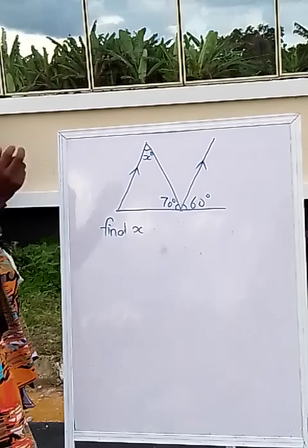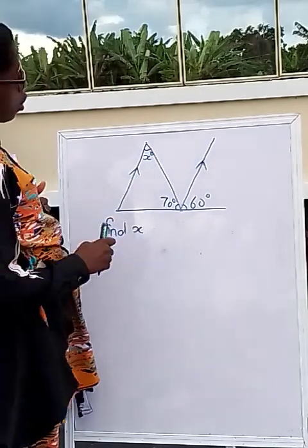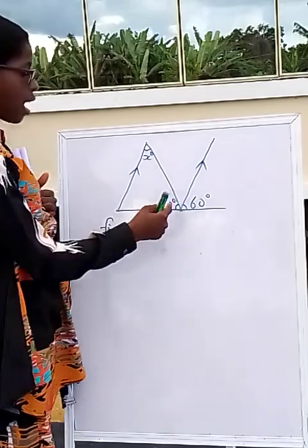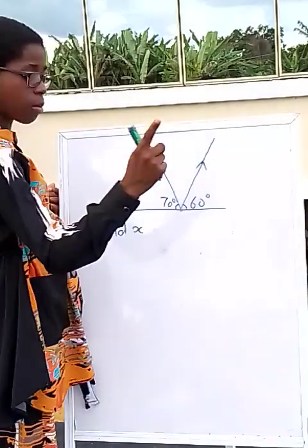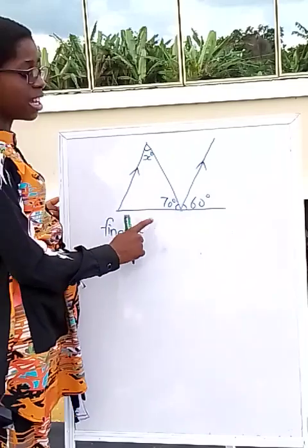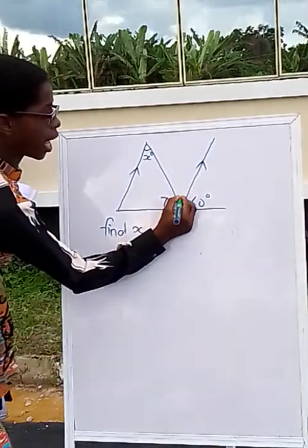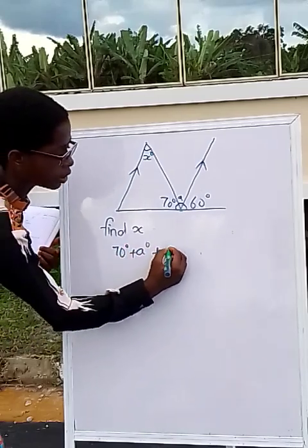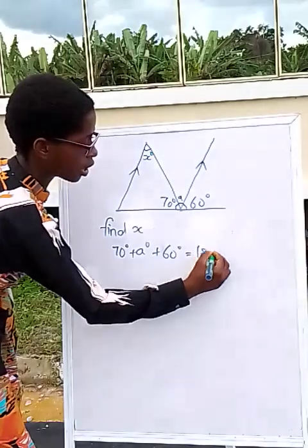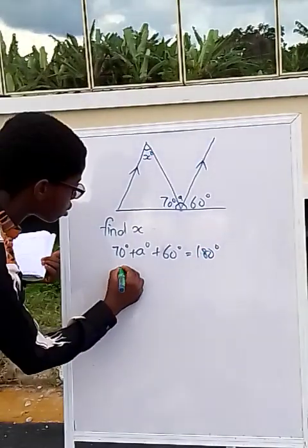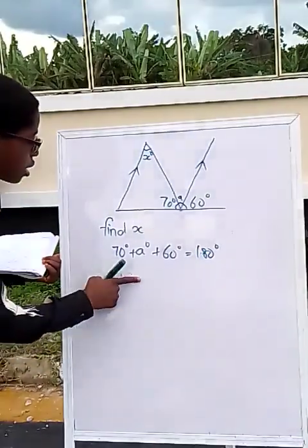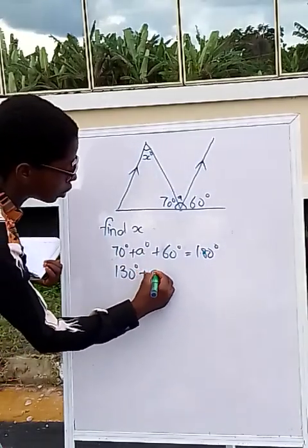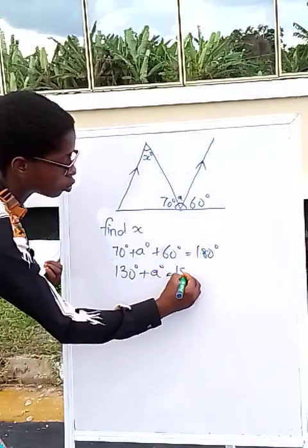Now to find x, firstly we have to find this angle that is here. To find this angle, we know this is a straight line, and sum of angles on a straight line is 180 degree. So you can name this angle a. So 70 degree plus a degree plus 60 degree is equals to 180 degree. 70 plus 60 is 130 degree plus a degrees is equals 180 degrees.